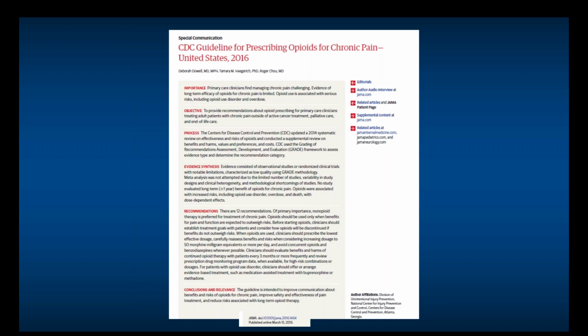But in actuality, these guidelines are just related to chronic non-cancer pain. And they are guidelines that clearly, they're recommendations, not evidence-based guidelines, that clearly recommend certain approaches to the management of chronic non-cancer pain.